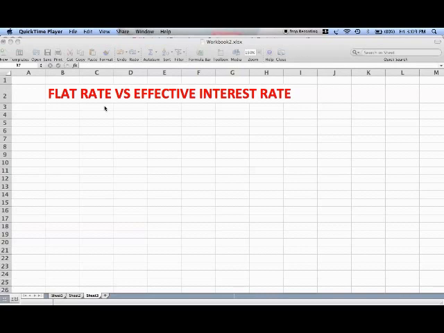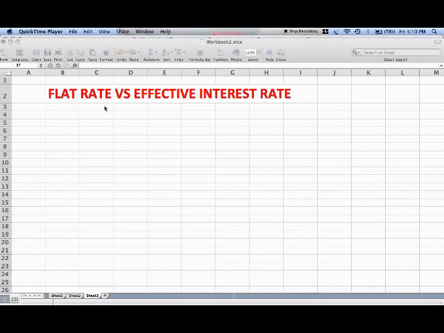You probably feel that the rate is quite low compared to what you heard in the market, and you feel it is reasonable to make a decision to take the loan.